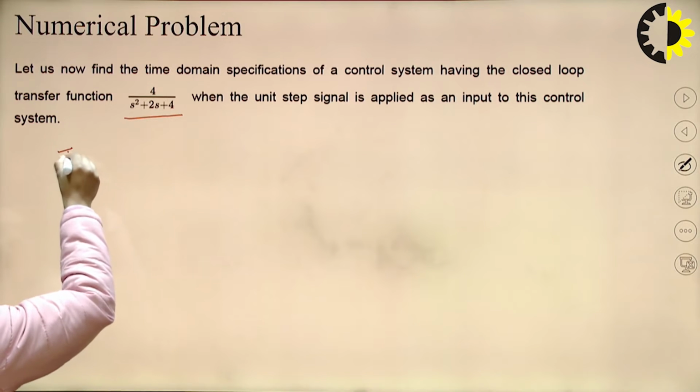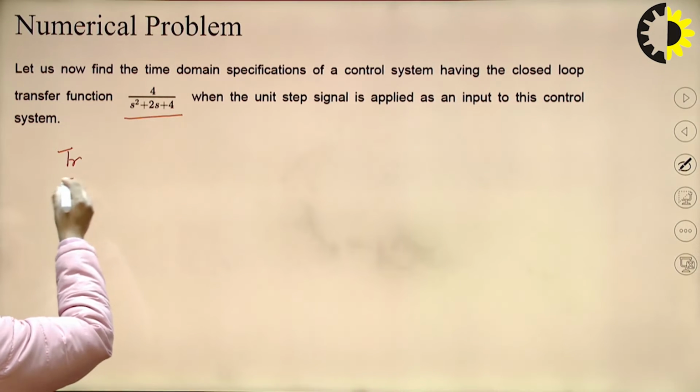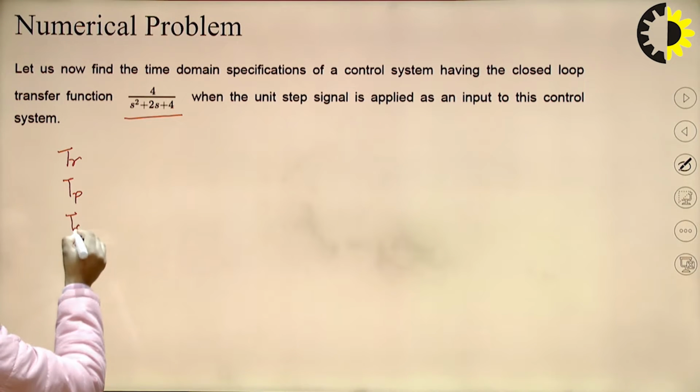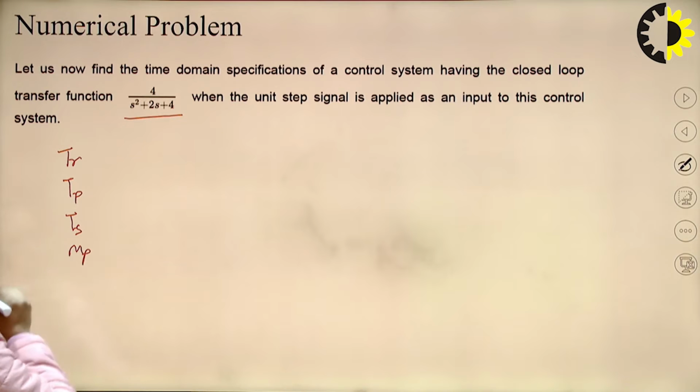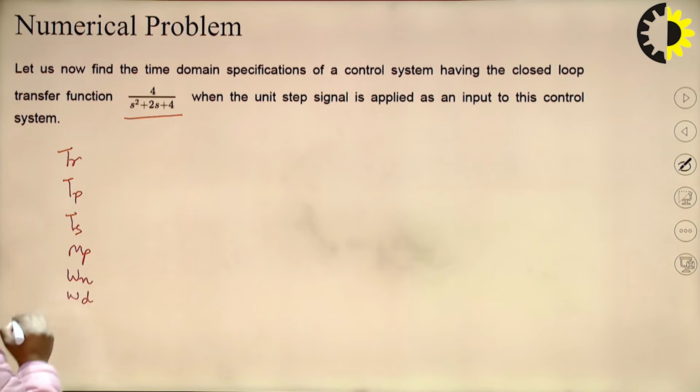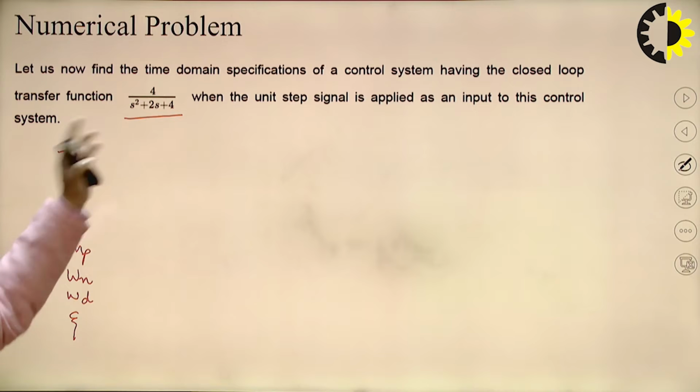Rise time, peak time, settling time, peak overshoot, natural frequency, damping frequency, and the damping ratio. We'll calculate all these values one by one from this transfer function.